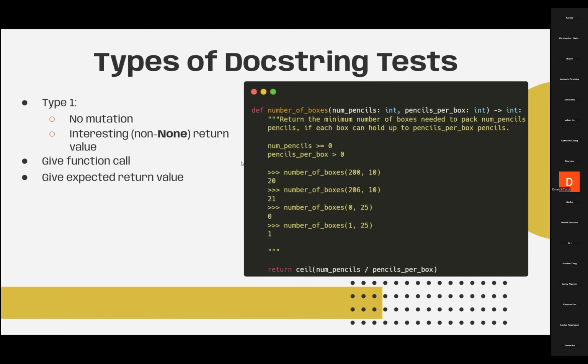All right. And now we can dive more specifically into the types of docstring tests. So we have type 1 where we have no mutation at all, and then we have a non-trivial return value.